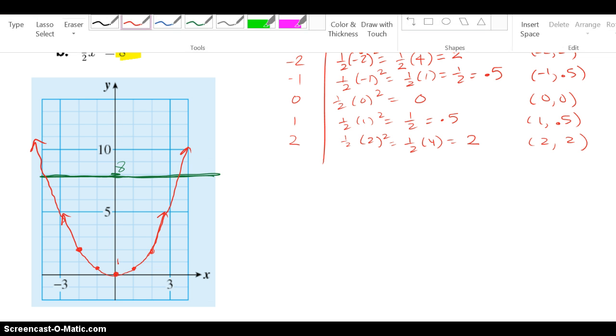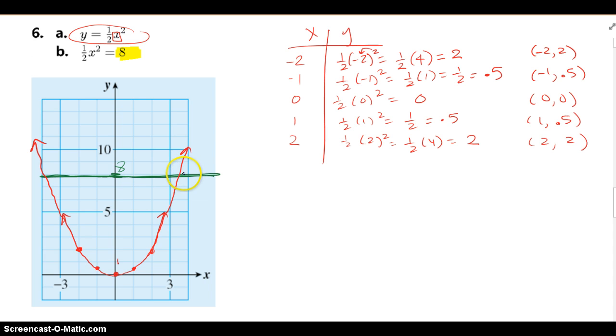It looks like it hits the y value of 8 here and here. And based on the symmetry, how the x values give me y values that are mirror images on both sides, I'm seeing a -4 for the x value on the left, and on the right side something close to 4.